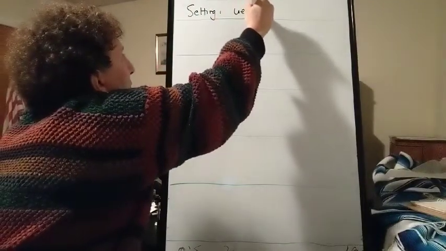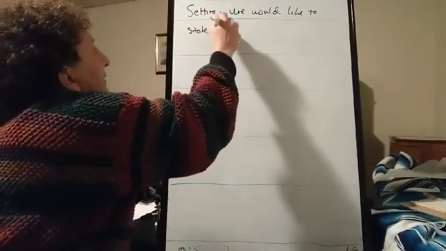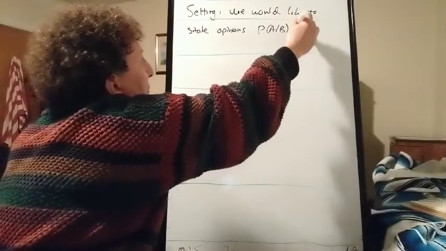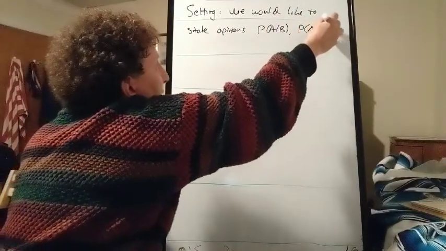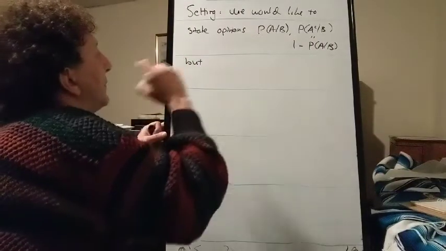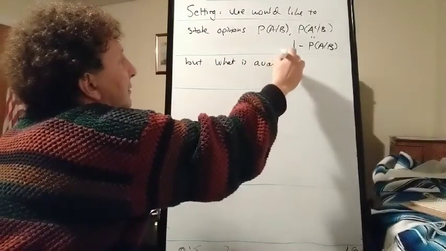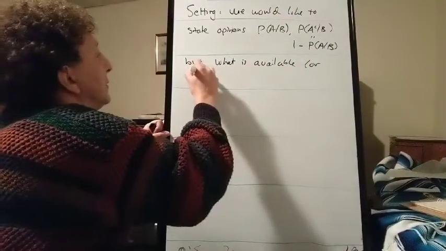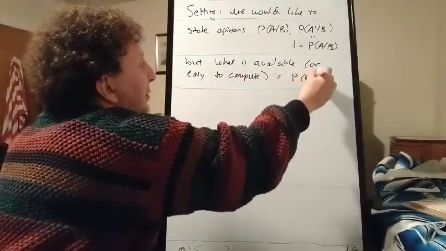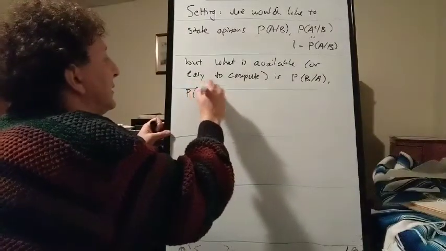So the idea is we would like to state opinions: probability of A given B, probability of A complement given B. This is 1 minus probability of A given B. But what's available, or easy to compute, is probability of B given A, or probability of B given A complement.